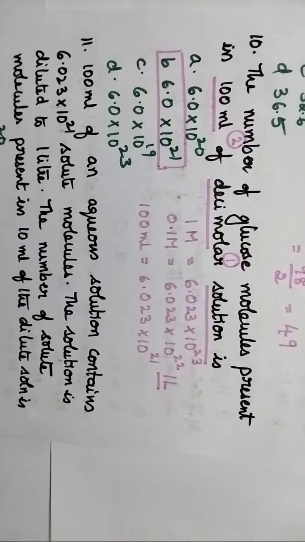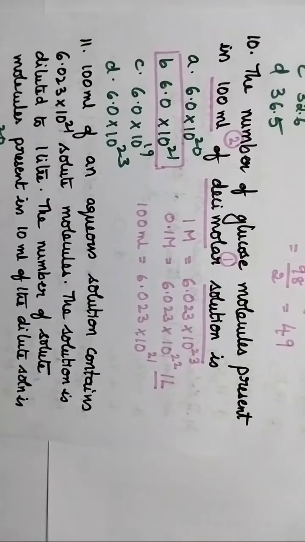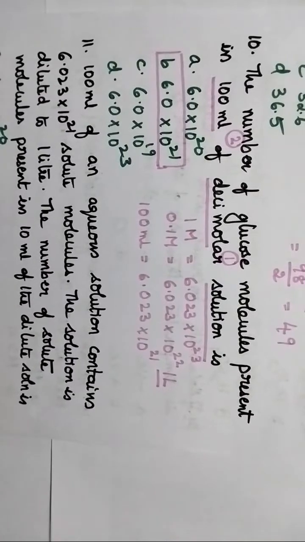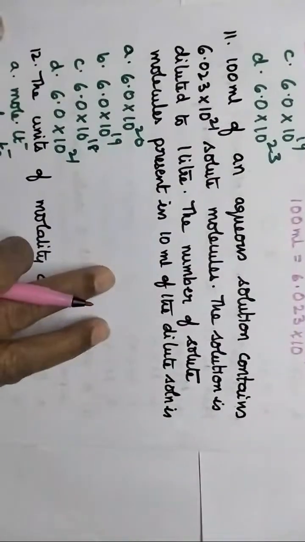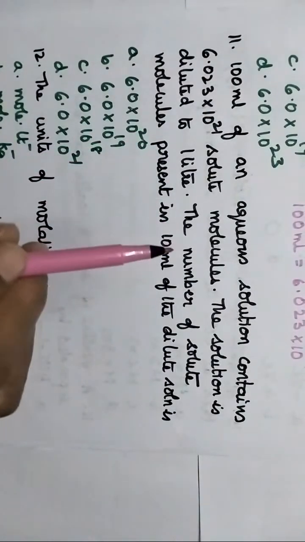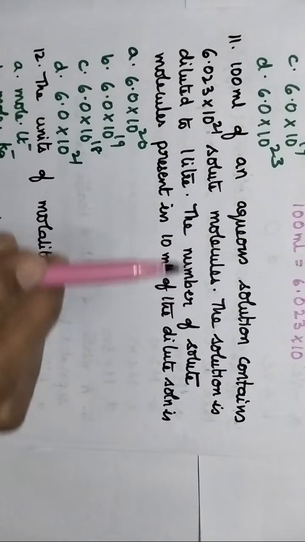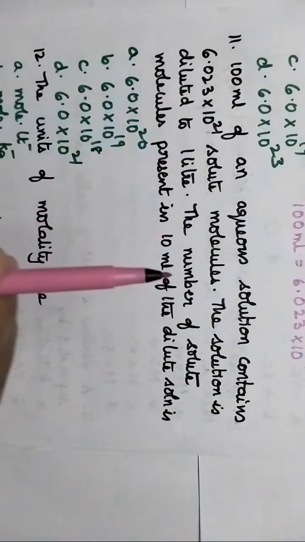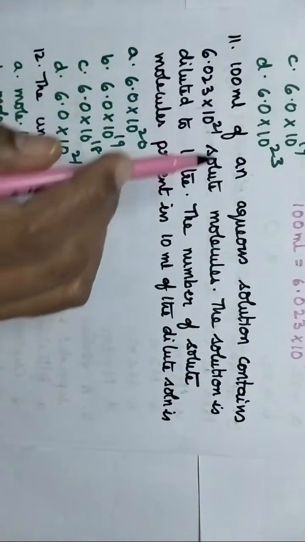And you have to apply it according to the given question. Here analytical skill is required. Let us move on to the 11th question. Similar type of question. I am waiting for your answer.